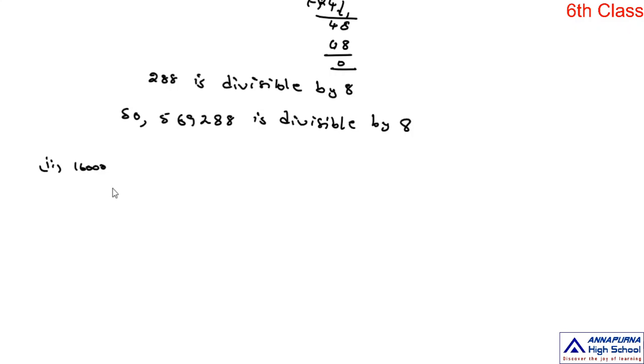In this number the last three digits, that is the hundreds, tens and units places, are zeros. That's why 16,000 is divisible by 8. If the given number has zeros in the hundreds, tens and units places, then that number is also divisible by 8.